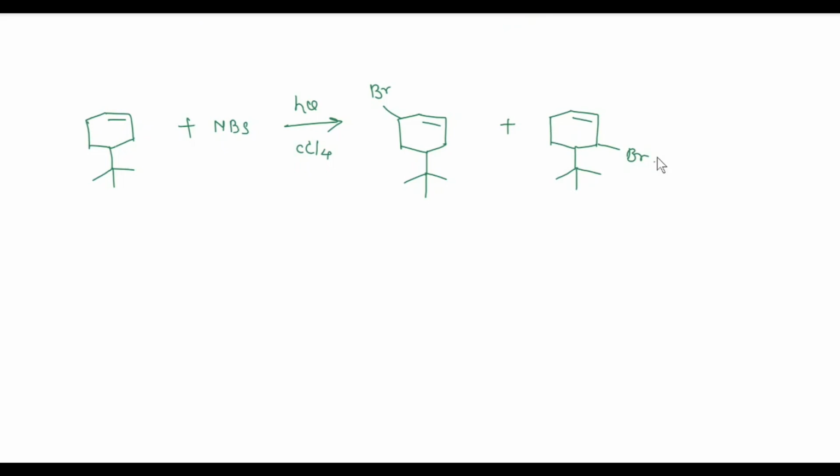So what do you think, which product is the major product? You can pause the video and try to solve this example. In this reaction, this product is the major product and this product is the minor product. In this moiety, there are two hydrogens for replacement by bromide.